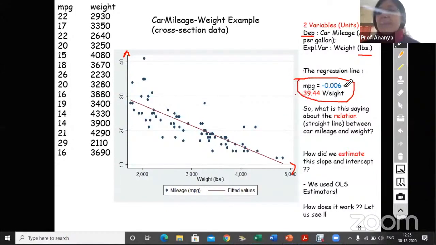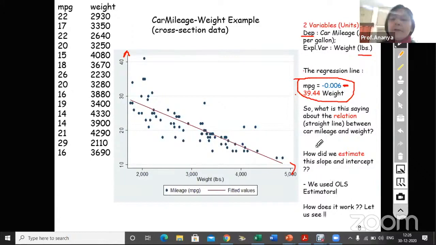That is a glitch over here. A car which is heavier by a pound gives lower miles per gallon by 39.44 units. So that's how much of a difference there is in terms of the weight of a car and its miles per gallon. All right. So these are the examples.